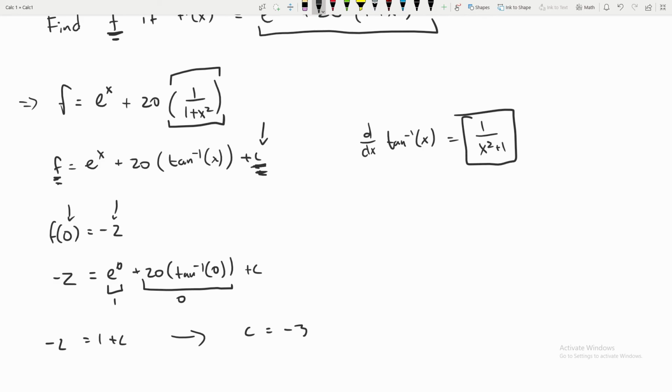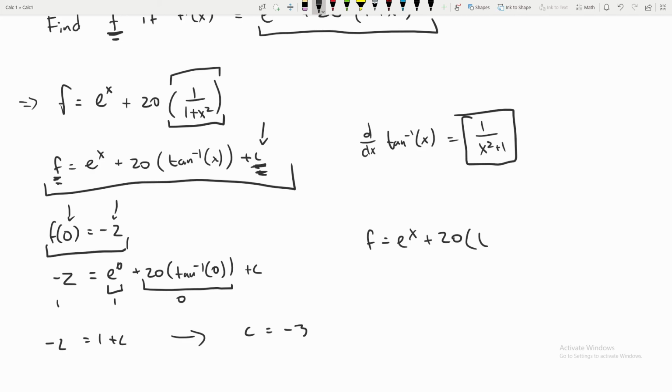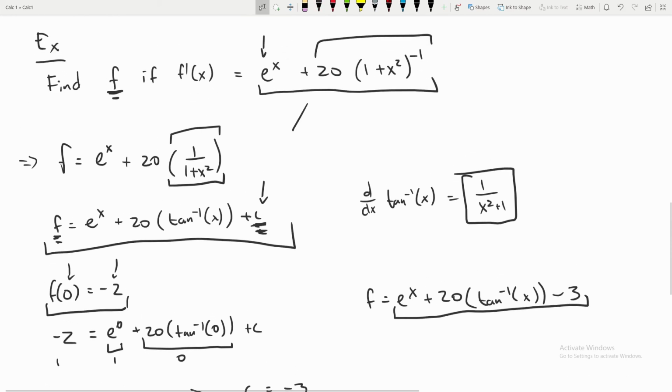So now we don't have the most general antiderivative anymore. We have the antiderivative of this function because we were given the point that f of 0 equals minus 2. So we can write that f is equal to e to the x plus 20 tan minus 1 of x minus 3. Now, if you're unsure, you can take the derivative of this, and you will see that you end up with exactly this function.